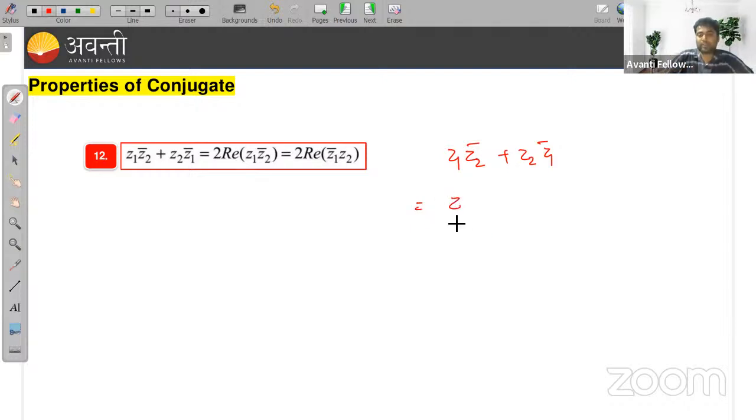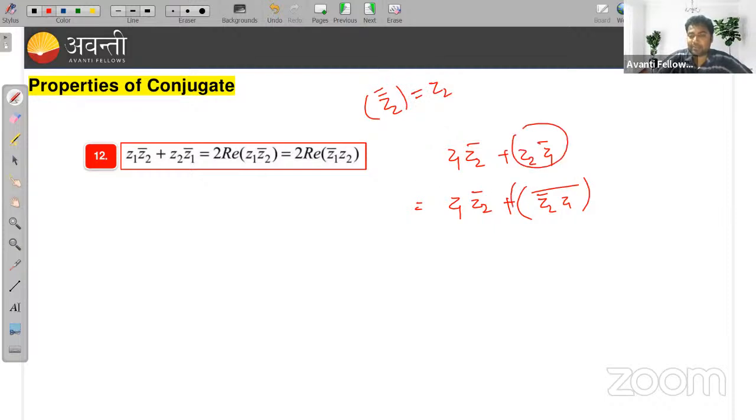This can also be written as Z1 into Z2 bar plus conjugate of Z2, Z1 bar, that is Z2 bar into Z1 bar. Can I write this? Because we know the conjugate of the conjugate of Z2 is again Z2. So this expression and this expression are the same. Yes or no? I can write or not.